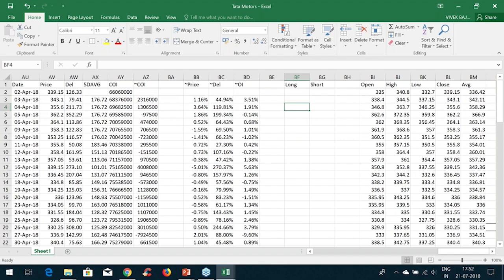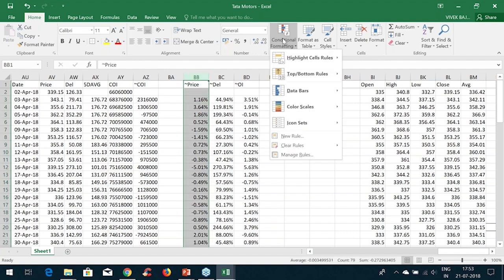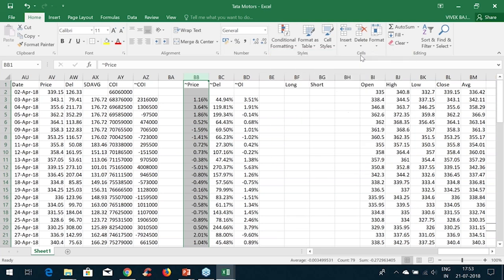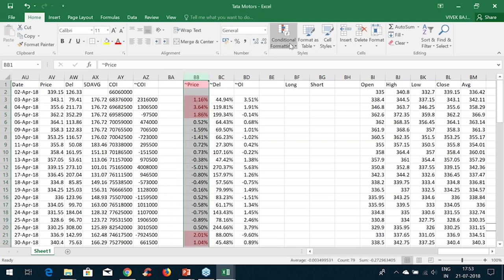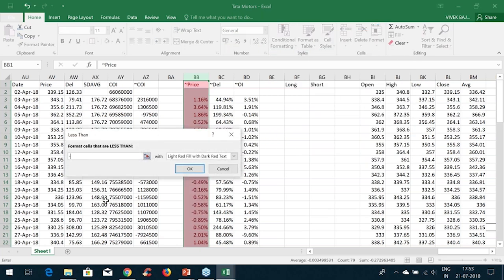Now on 3rd of April, price went up. Actually, you know what you can do is create formatting based on price. So we can select this cell, and write conditional formatting: highlight cells greater than say 1%, and also conditional formatting, highlight cells less than -1%.